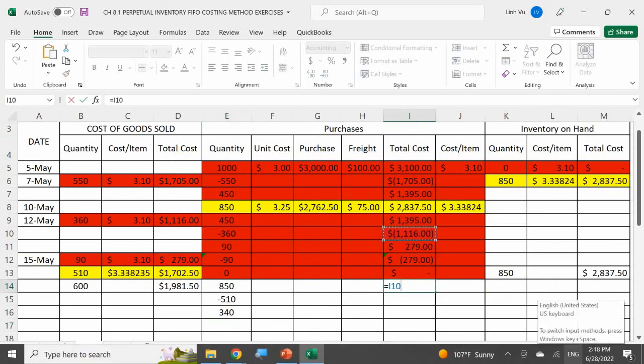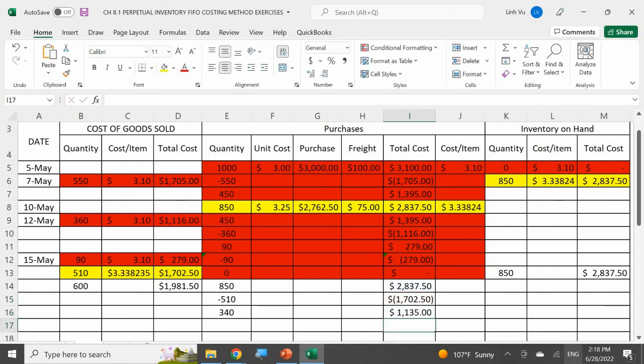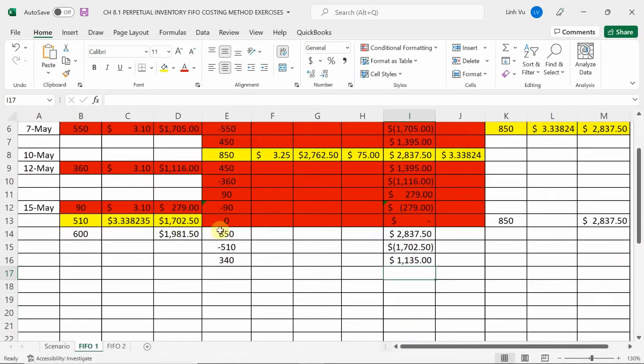Okay. All right, we're going to take our beginning of 2,837.50 minus my 1,702.50. Okay, and that should give you 1,135 even.